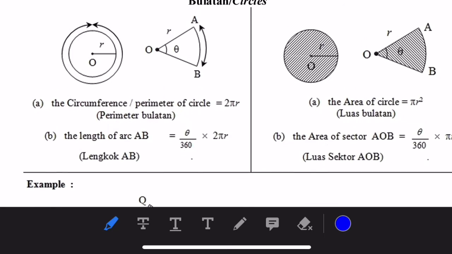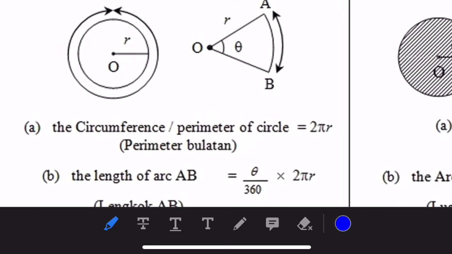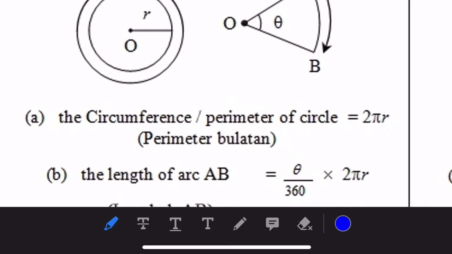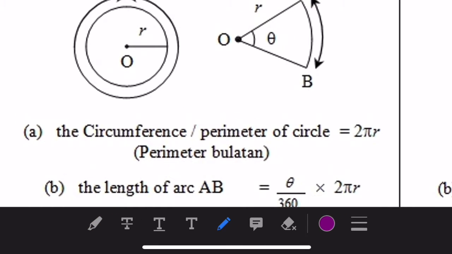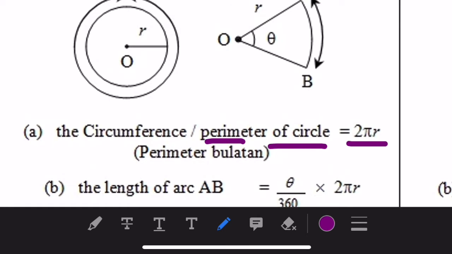So let's go through the important formula for the circle. So basically when circles, they will ask you to find the circumference or perimeter of the circle. That means you need to use a formula. Okay, what is the formula to find the circumference or perimeter of the circle?